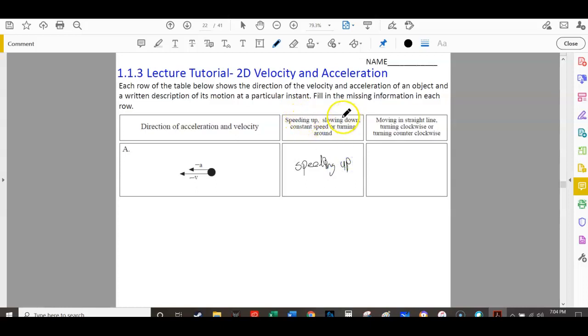You could have speeding up, slowing down, constant velocity, or turning around. And which direction would that be going? Well, it'd be moving to the left and also speeding up to the left. So this would be a straight line.